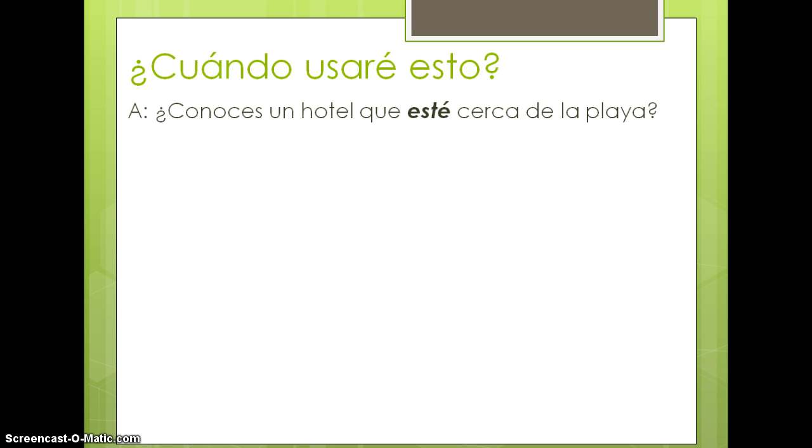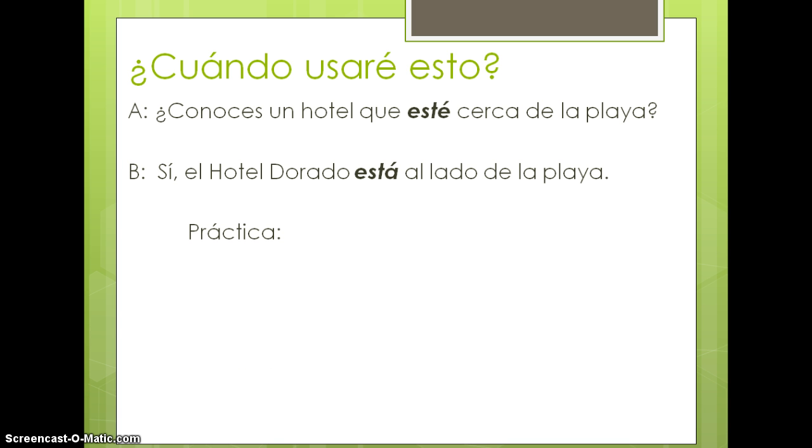Do you know of any hotel that is near the beach? This is that uncertainty. I don't know if you have the answer to this. That's why I'm asking you using the subjunctive. If the speaker knows the answer to the question, notice that they use the indicative in their answer. Sí, el Hotel Dorado está al lado de la playa.